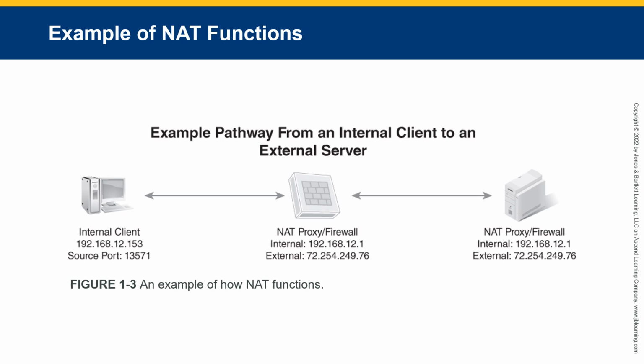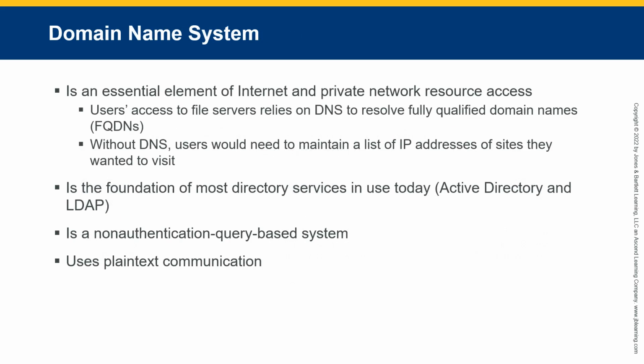It's going to change it to the external address as it goes through that middle NAT proxy firewall, and the address will be changed to 72.254.249.76. That system will create a table for that traffic, and externally it'll just look like that. Watch the video. It does a much better job than this slide does.